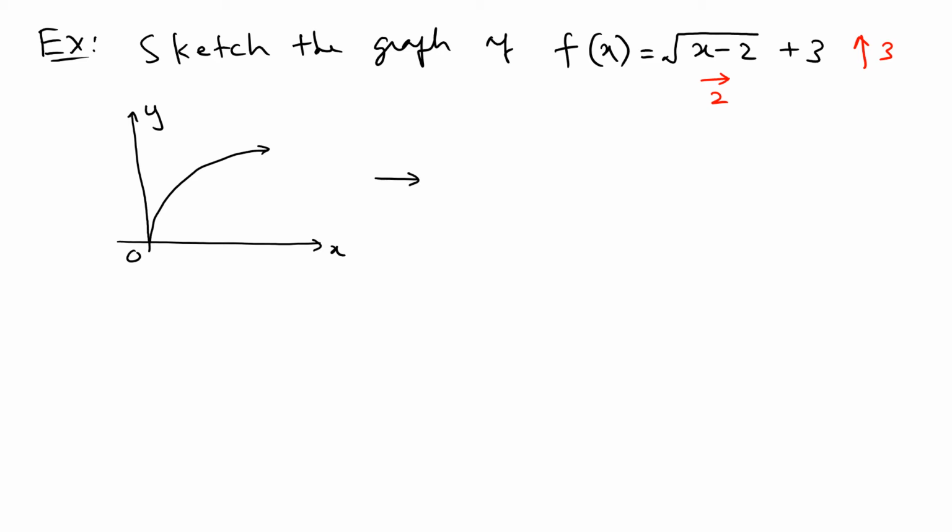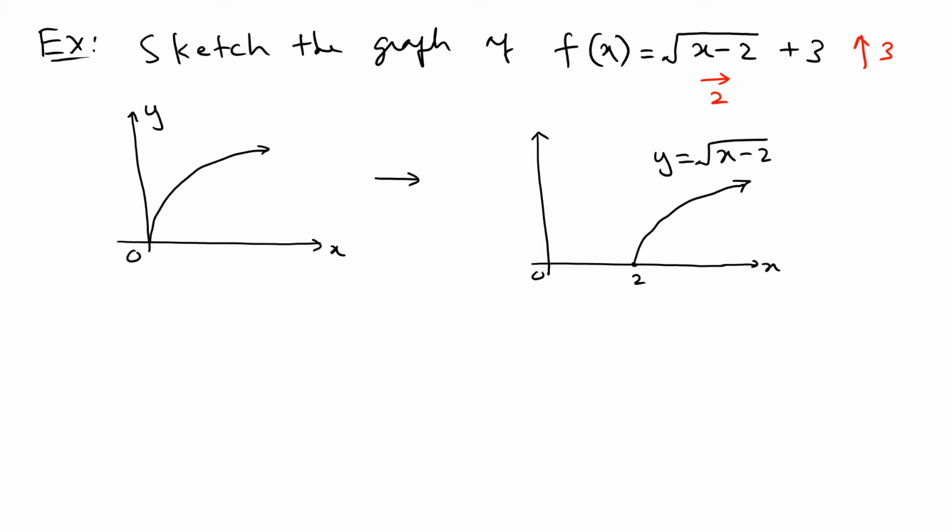So 0 now goes to 2, and then you draw the function like that. This is the new one, y = √(x - 2).